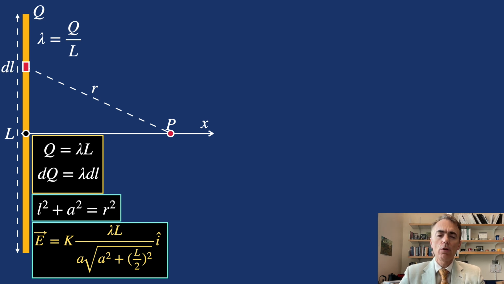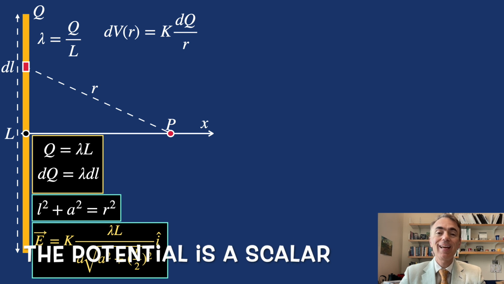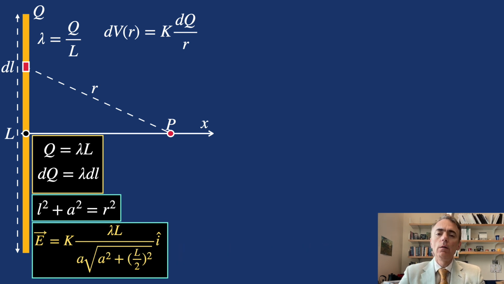Here, the differential of potential depends only on the distance, but not on the angle. The electric potential is a scalar, whereas the electric field is a vector. The differential potential is written as k dq over r, where r is the distance from the element of line to the point and dq is the differential of charge.